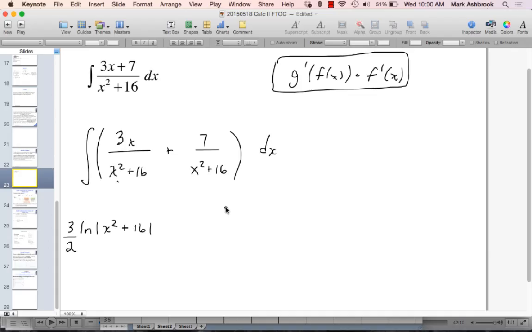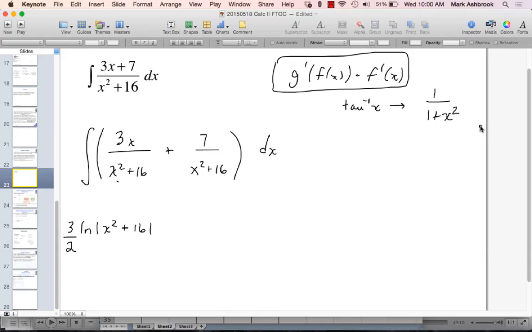So we have to recognize what we've got. What does it kind of look like? Do you recognize, from all the derivatives that we took, what the derivative of inverse tangent is? 1 over 1 plus x squared, right? So it's kind of like that.